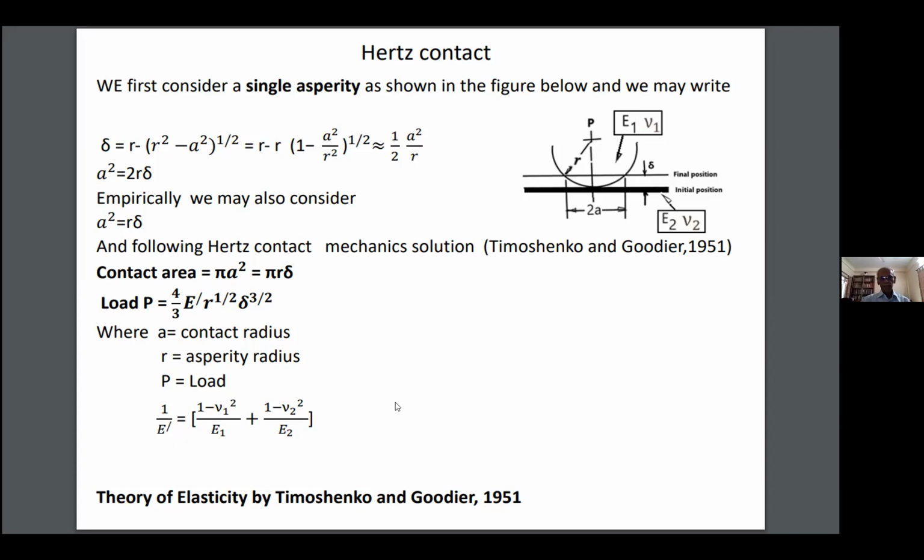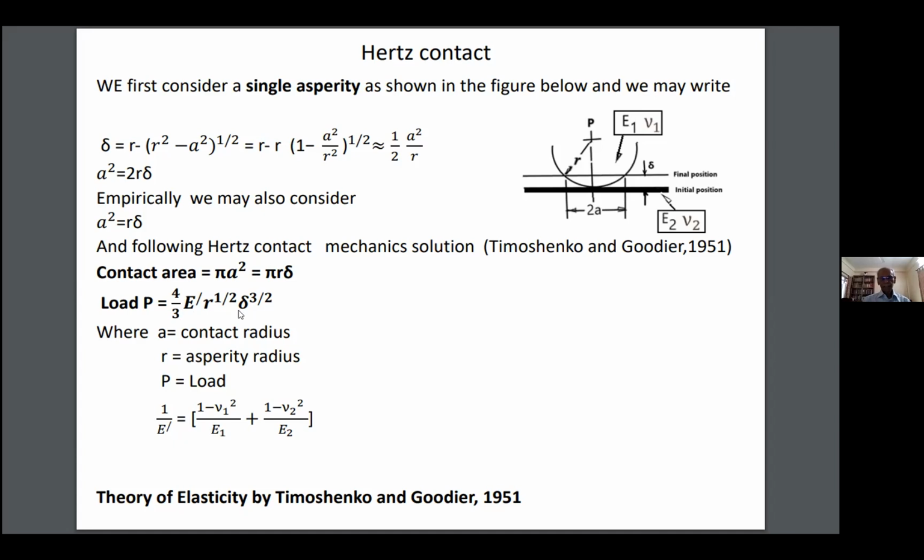There it has been shown very clearly that under elastic deformation, the Hertz theory says that the load P is equal to 4/3 E dash R to the power half and delta to the power 3/2.